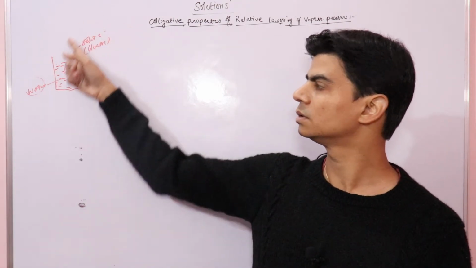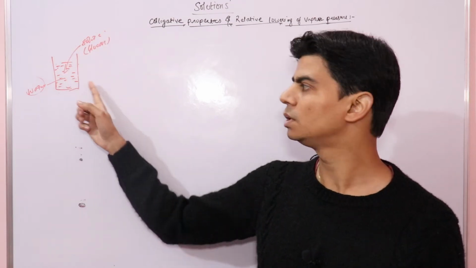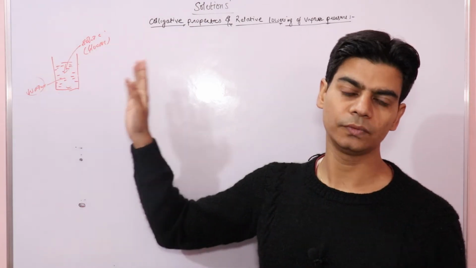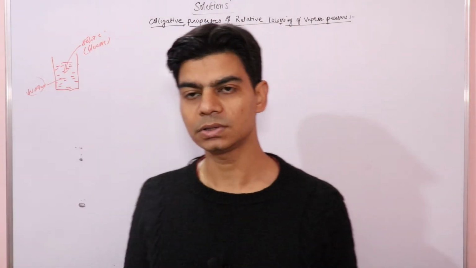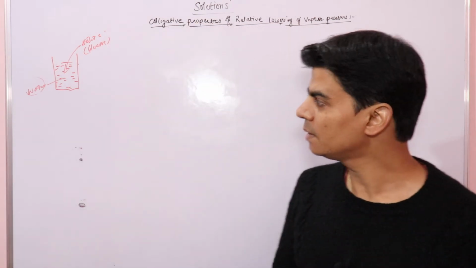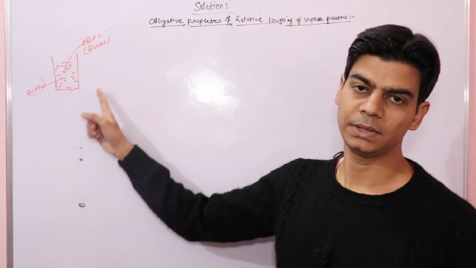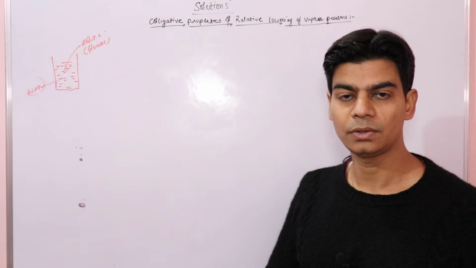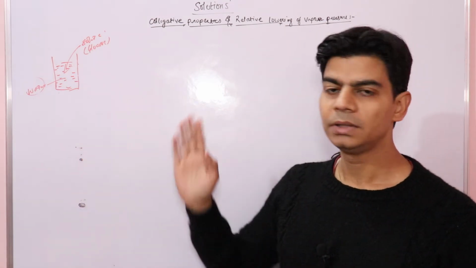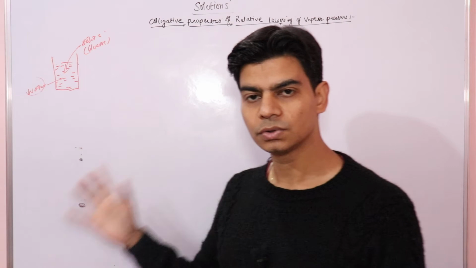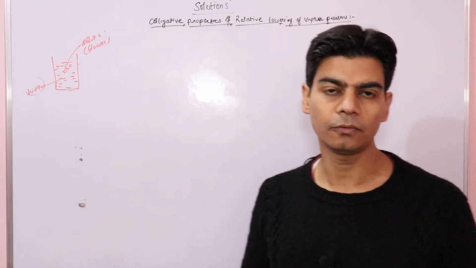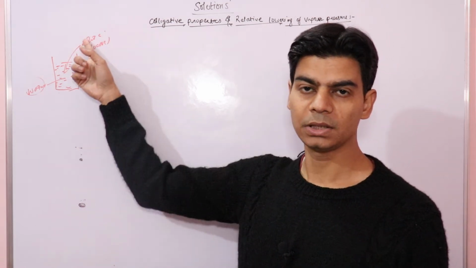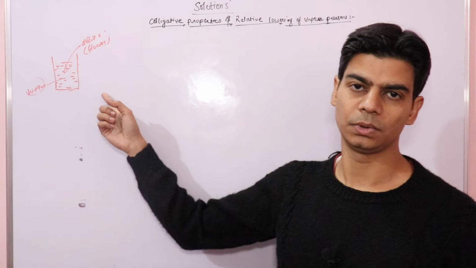When you add a solute to the solvent to make a solution, the properties of the solution change. So there are certain properties of the solution that depend on the number of solute particles and not on the nature of the solute.